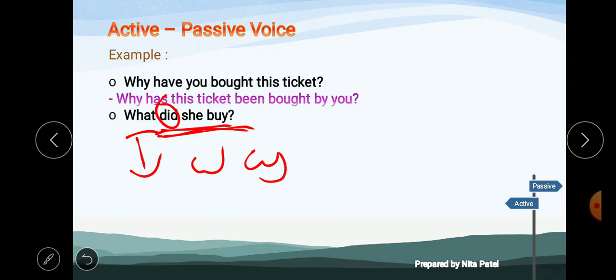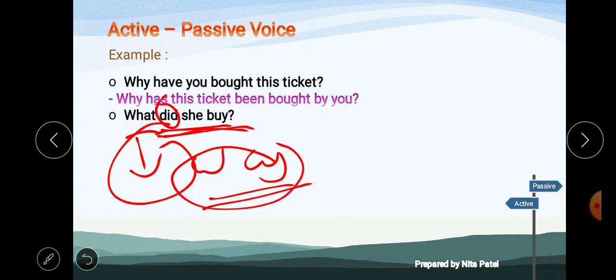If the object is not given, you can use any to be form, but on the safer side use "was", because we are talking about some person, right? So what was, now the V3 form will come. Okay, bought.